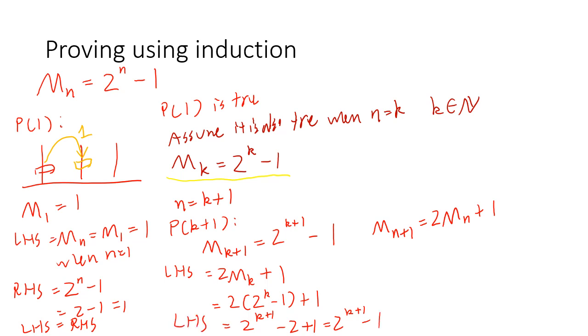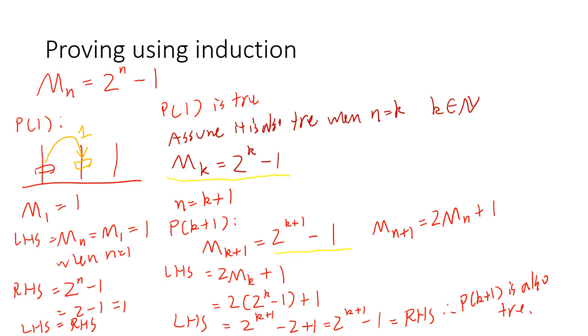And this is the same as what we see in the right hand side. Left hand side equals right hand side, thus it is also true for k plus 1.